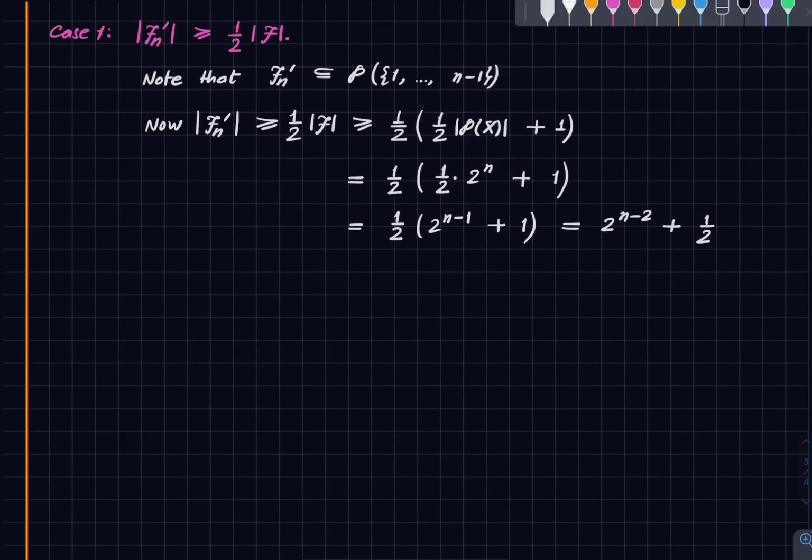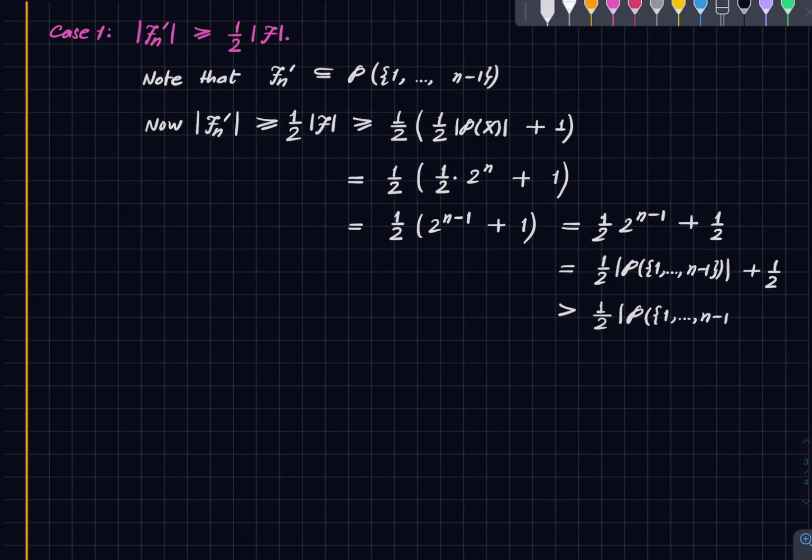So in fact, let us just write it as half of that thing, which is equal to half of the size of the power set of 1 up to n minus 1 plus half, which is strictly greater than half of the power set of 1 up to n minus 1, right?